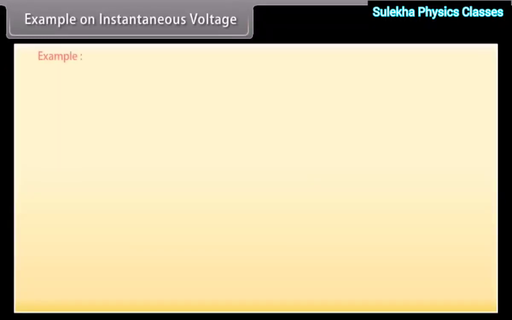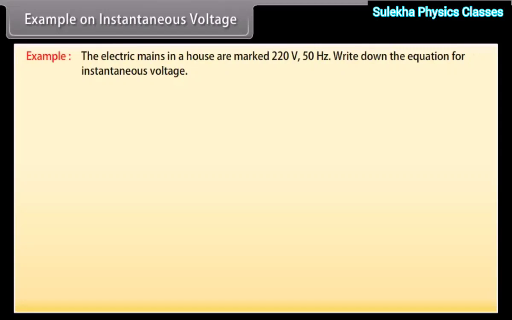Example on instantaneous voltage. Let's take an example on instantaneous voltage. The electrical mains in a house are marked 220 volt, 50 Hz. Write down the equation for instantaneous voltage. Let's see the solution.